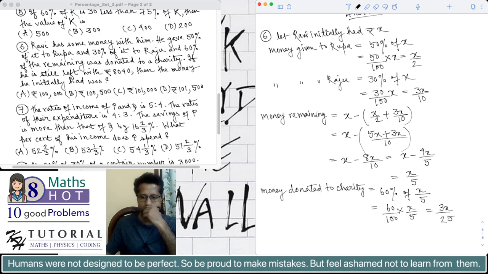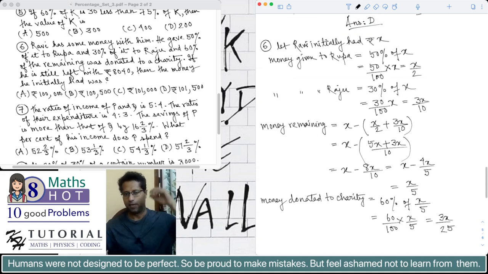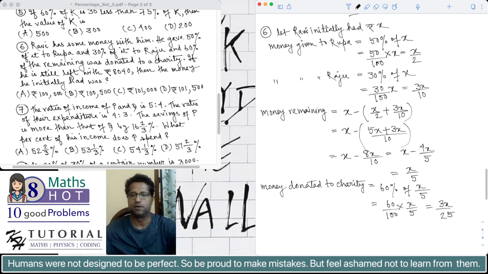Okay. So this is the money donated to charity. Now, we see that x by 2 was given to Rupa, 3x by 10 was given to Raju, and 3x by 25 was given to charity.